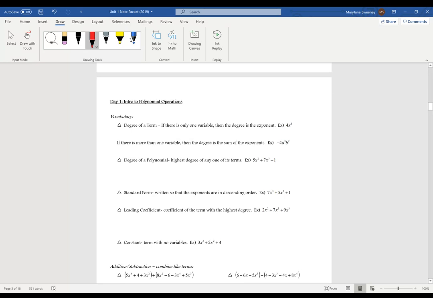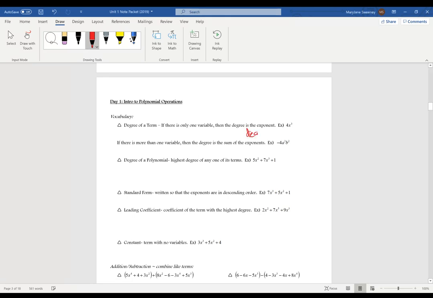Okay, so as far as polynomials, the degree of a term, just being one term, one expression, one monomial, is basically what I want to say. The degree will be the exponent.